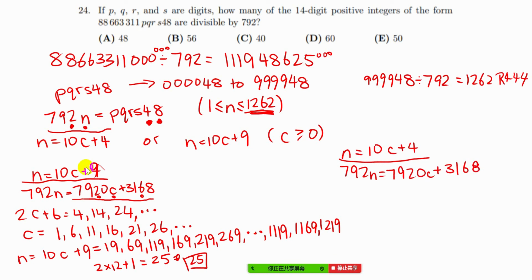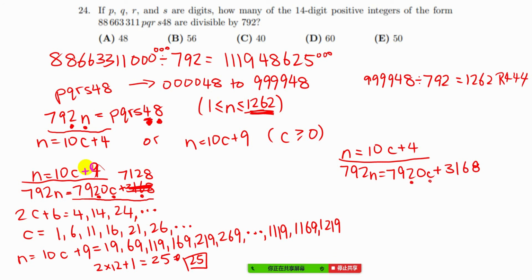And then over here, this was 7,128. So for n equals 10c plus 4, 792n equals 7,920c plus 3,168. So we also want, for this situation, 792n to equal PQRS48, which has a tens digit of 4.